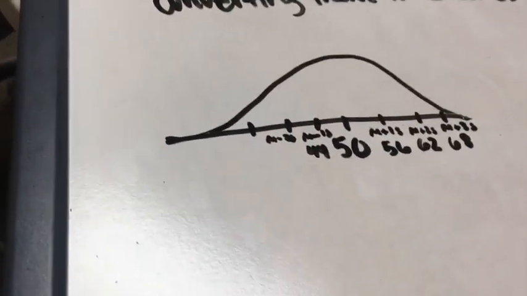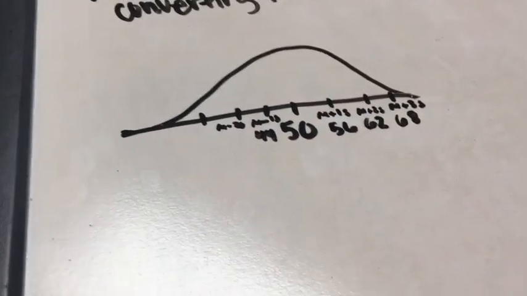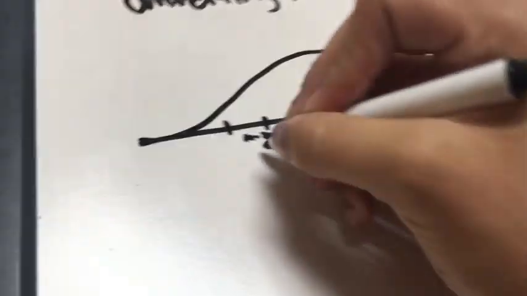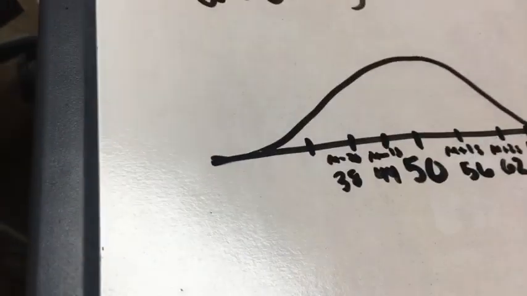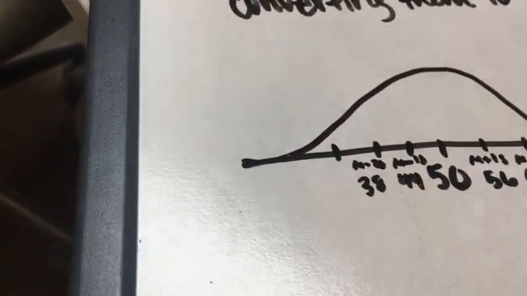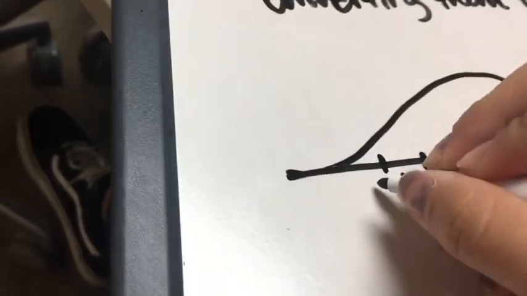So 50 minus 12, and that is 38. And now to find what's 3 standard deviations to the left, you're going to subtract 3 standard deviations. So 50 minus 18 is 32.